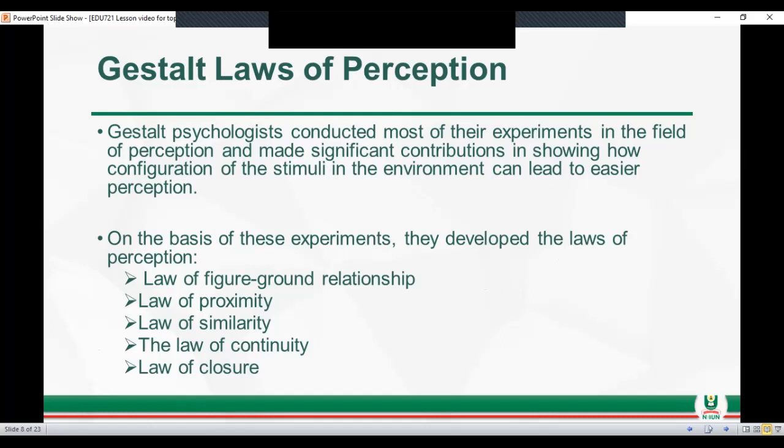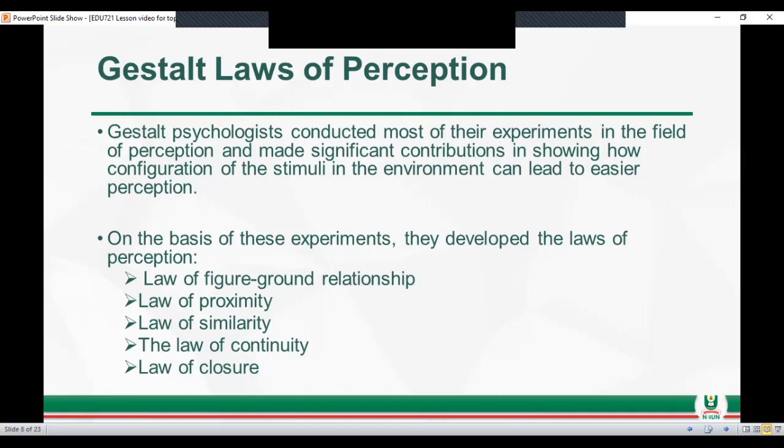They conducted most of their experiments in the field of perception and made significant contributions in showing how configuration of the stimuli in the environment can lead to easier perception. On the basis of the experiments they conducted, they developed the laws of perception.